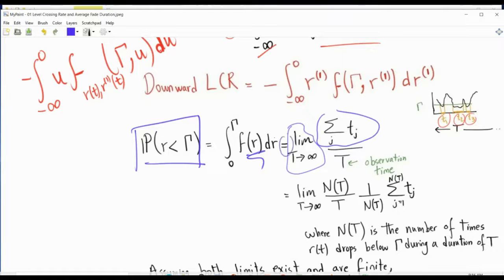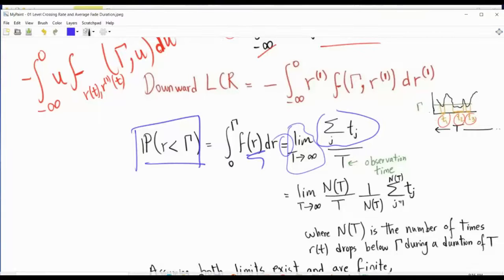So this equality here is one use of ergodicity, in which you say, I can infer at least some of the statistical properties of the random process by observing a long enough realization.